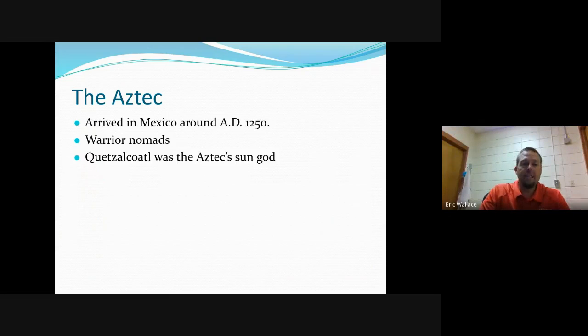The god that gave that sign, his name was Quetzalcoatl. He was the sun god, the main Aztec god that they worshipped. And it was said that he said, when you see this eagle eating a snake, that's where you'll settle down.